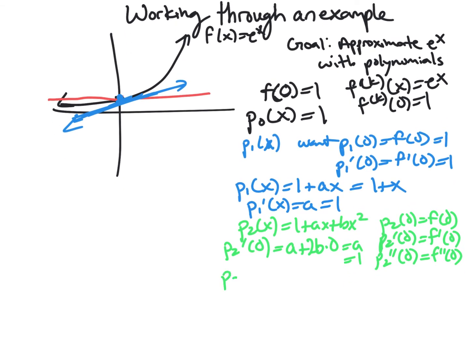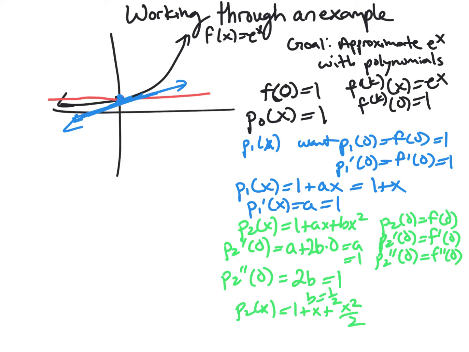And if we take the second derivative, the constant term a goes away, and the 2bx becomes just 2b. And so we get 2b, and this should also be 1. Again, all the derivatives of e to the x are e to the x. And so b is equal to 1/2. So our p2 of x is going to be 1 plus x plus x squared over 2.